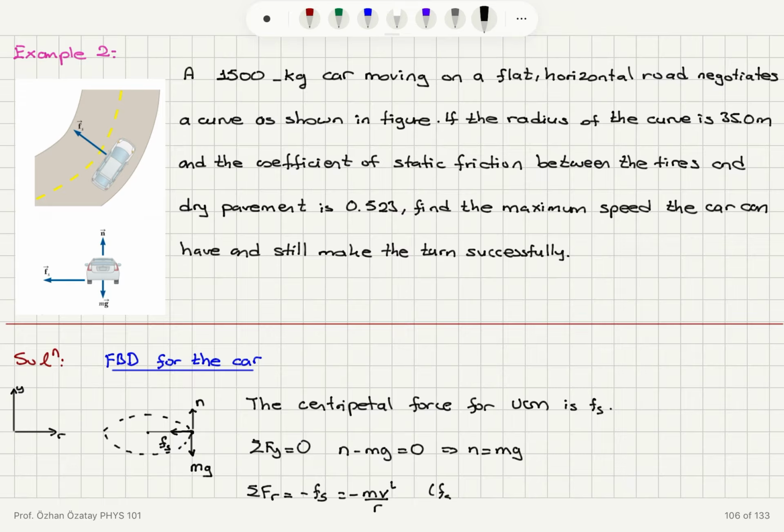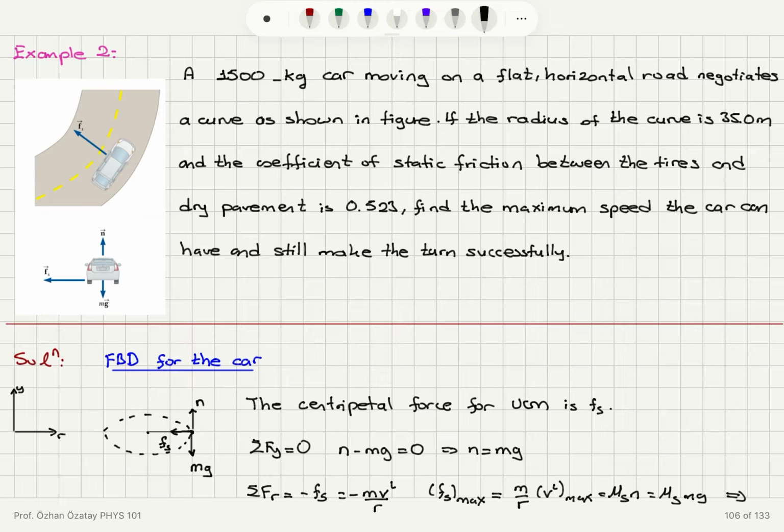Now, the static friction has a maximum value, which is m over r times the maximum value of v square, and that should be equal to the coefficient of static friction times N, which is the coefficient of static friction times the weight of the car.